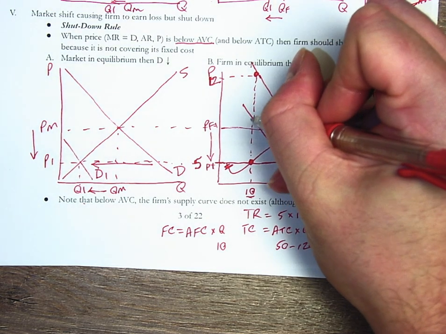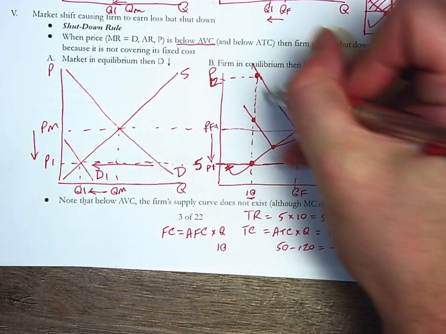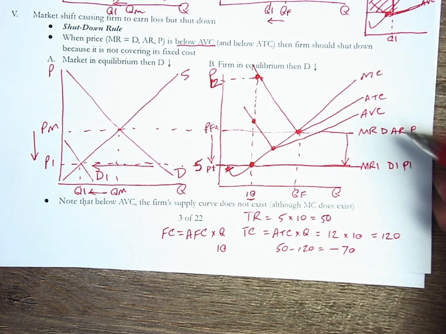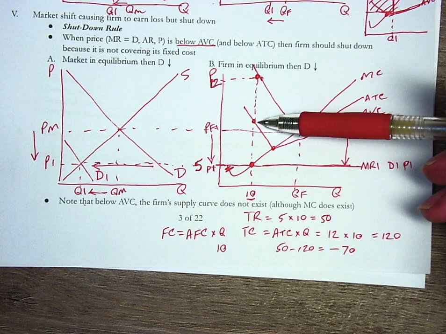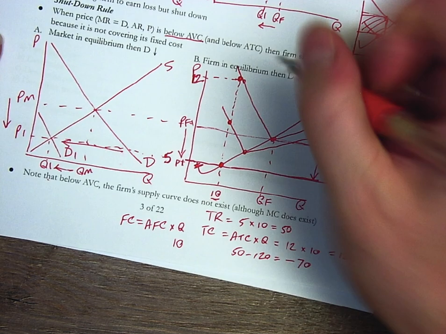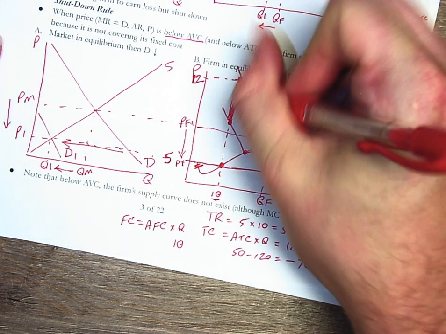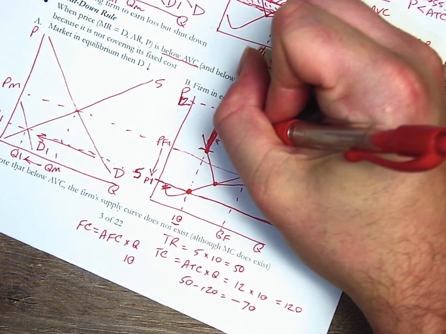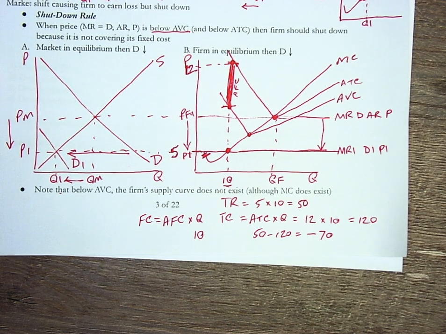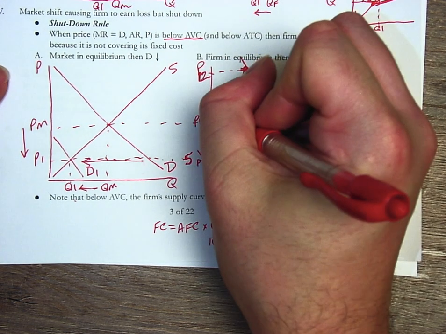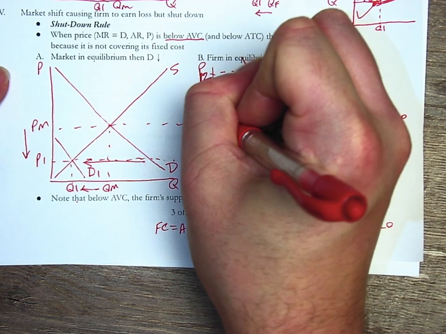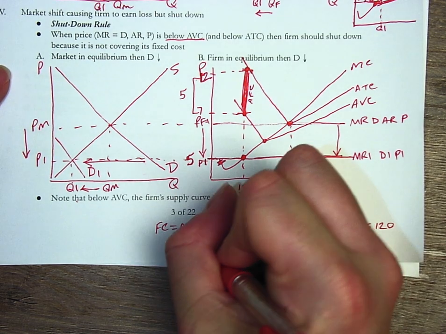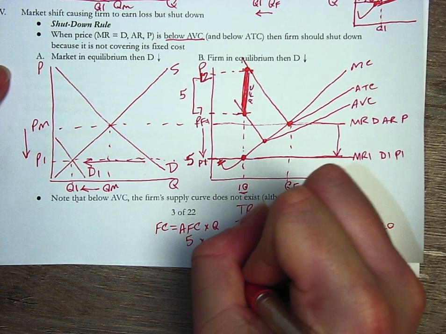If we go up here, the vertical distance between the ATC and the AVC, from here to here, is what we call the AFC. Remember that? I told you it'd be important. So we'll say the vertical distance is 5 between those. So 5 times 10, then they're going to lose 50.